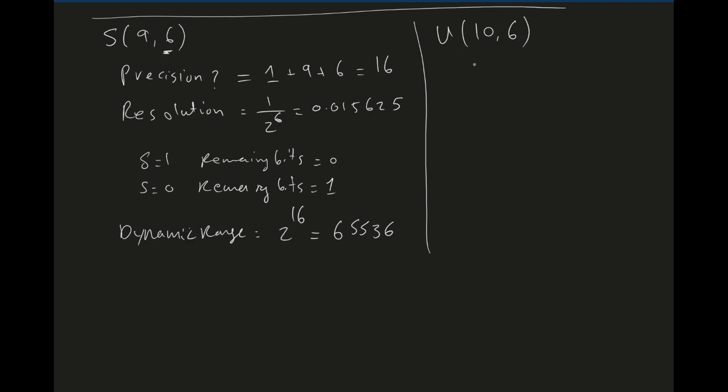The precision is 16, the resolution will be 1 over 2 to the power of 6, the range will be different, and the dynamic range will be the same. And these are the properties that, like I said, are usually used to measure how good a certain fixed point representation is for the application intended.